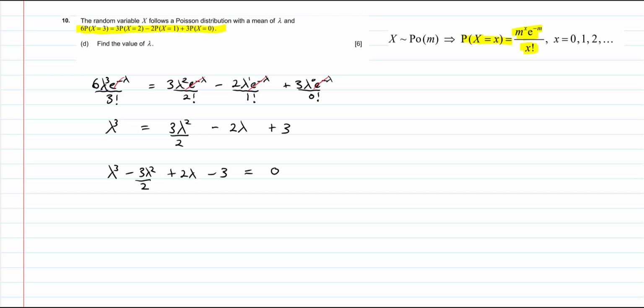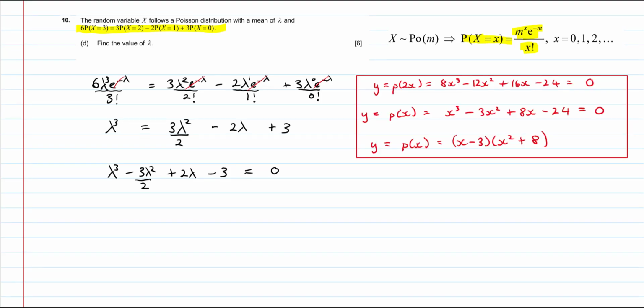So I'll just bring that up here. Okay, and I've also put in y is equal to P of x, and just remember that factorized as this expression down here, x minus 3 times x squared plus 8.